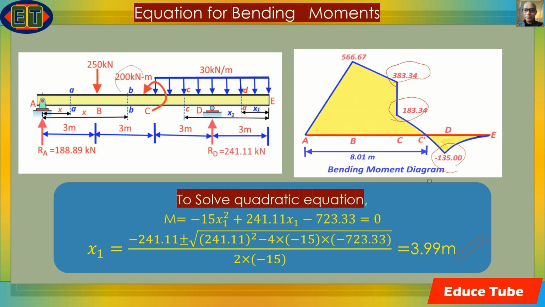This concentrated load, it jumps down, because this is the magnitude of the moment of the counterclockwise couple. And this is the inflection point, and here bending moment is 0. That is why we solve these equations to find the value of the quadratic equation variable x1.